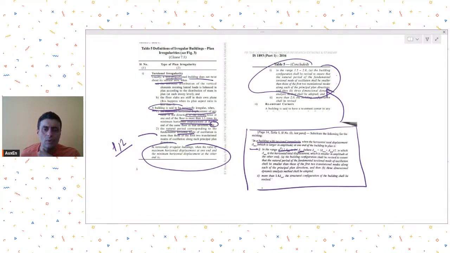In a building where the horizontal total displacement at one end of building plan, if the maximum displacement lies between 1.2 to 1.4 times the average displacement, then your building is said to be... no, wait a minute.